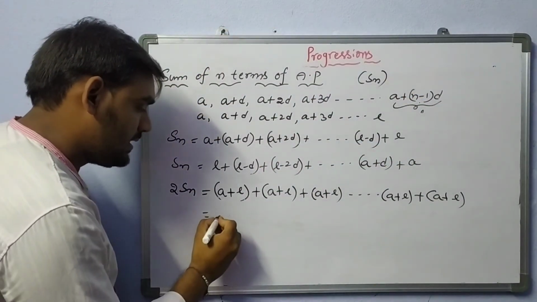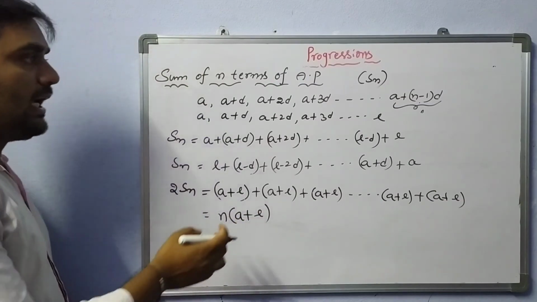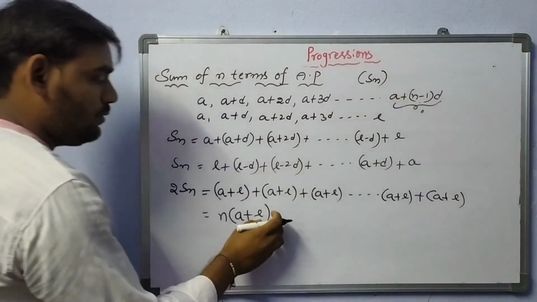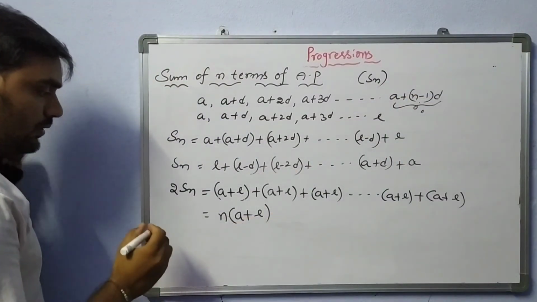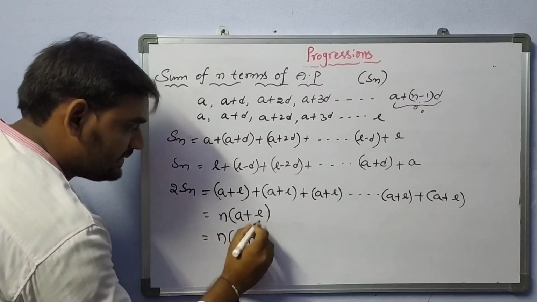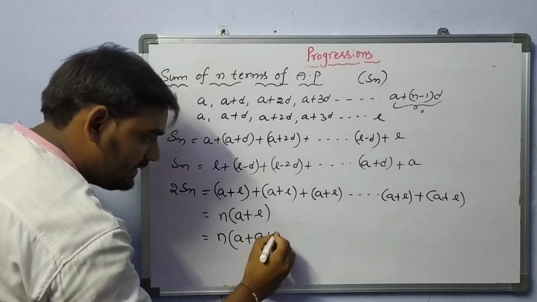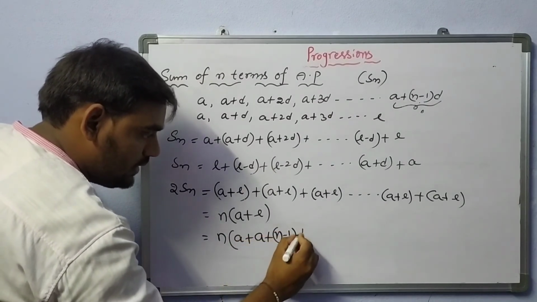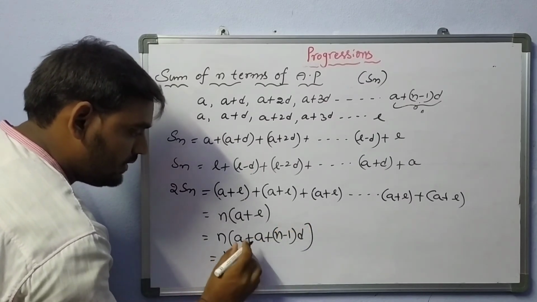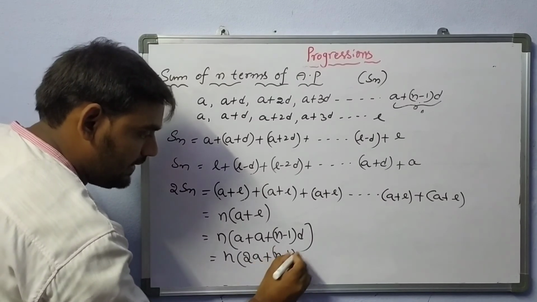So here we can write n into a plus L. Now L is nothing but the last term, that is a plus n minus 1 into d. Now to substitute here, we will get n into a plus L, meaning a plus n minus 1 into d. So n into a plus a, 2a plus n minus 1 into d.